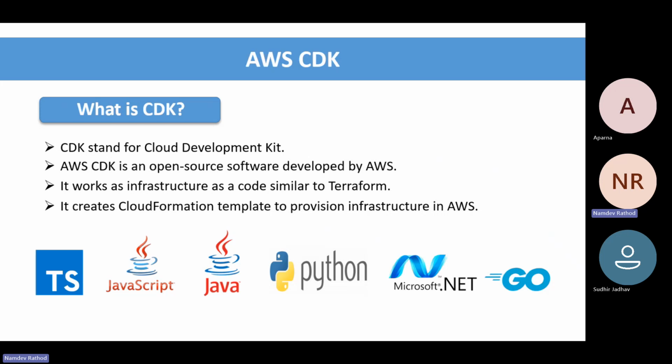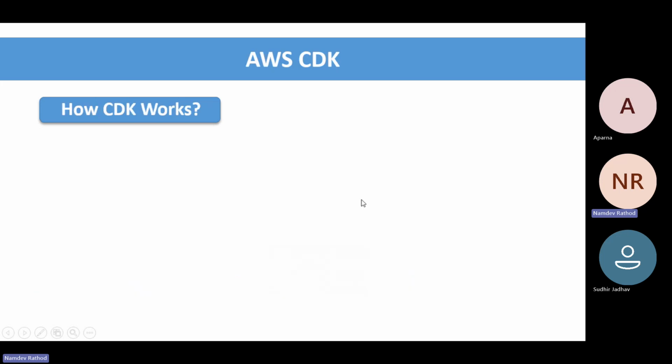The languages supported by CDK are TypeScript, JavaScript, Java, Python, .NET, and Go. Multiple languages are supported. It's totally up to you which skills or standard you are using in the project. Let's say in our project we are using TypeScript.